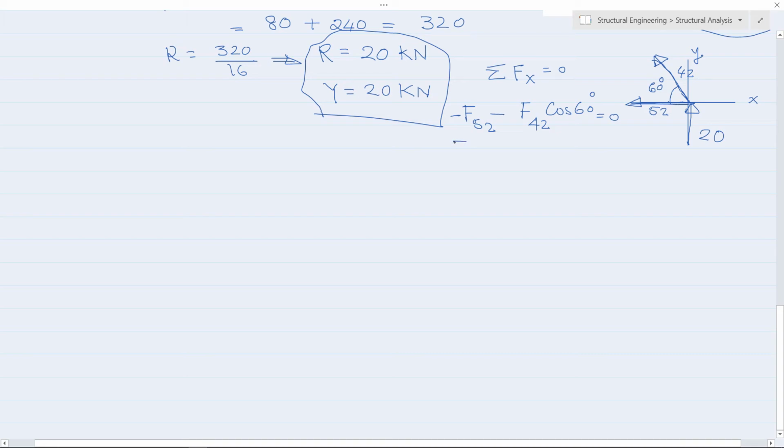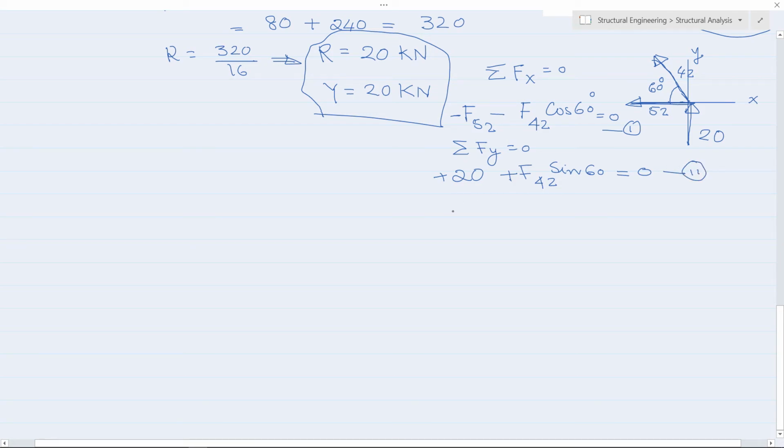And when we say sigma Fy equals 0, that means force in 42 sine 60, this is upward direction, plus 20 is also acting in upward direction, plus 20 will be equal to 0. So this is our equation number 1, equation number 2.